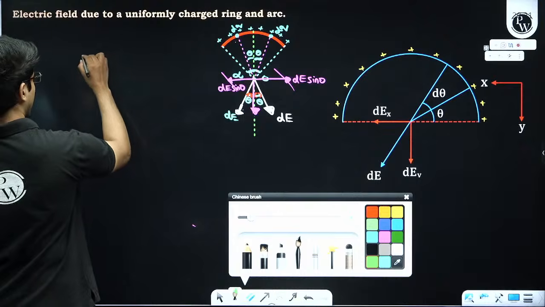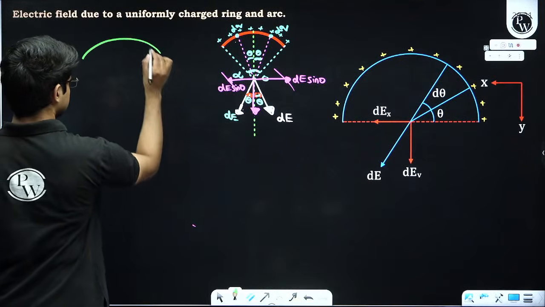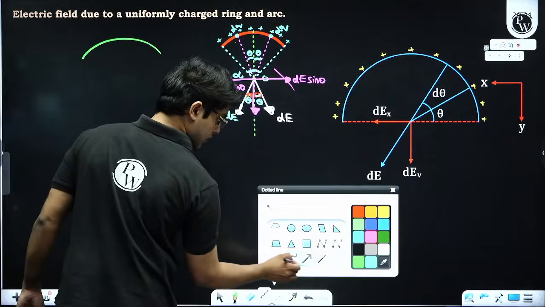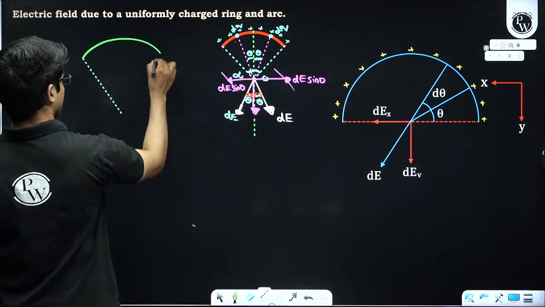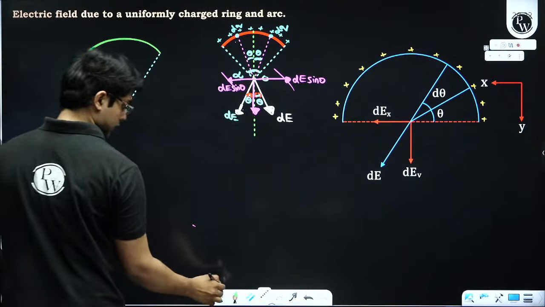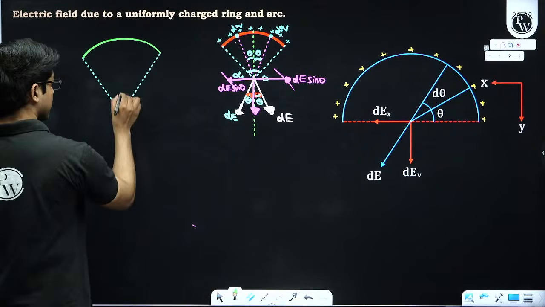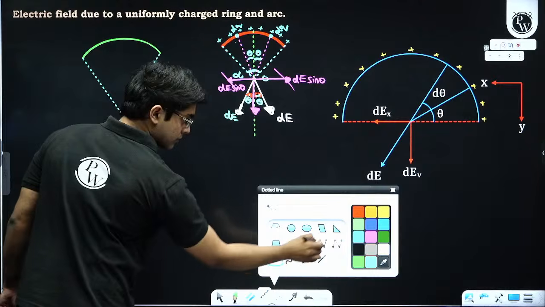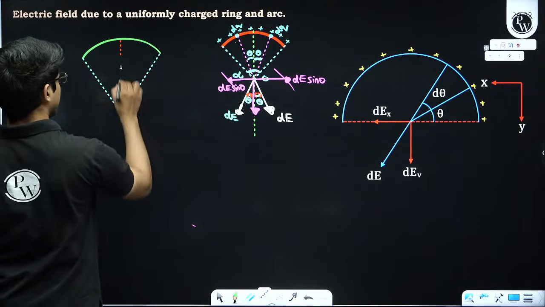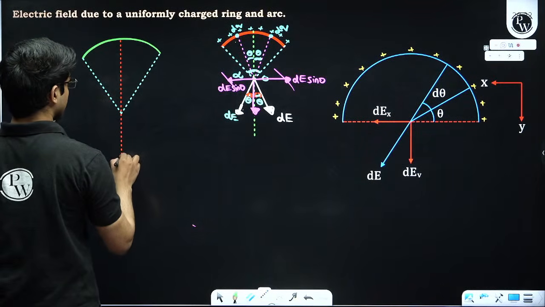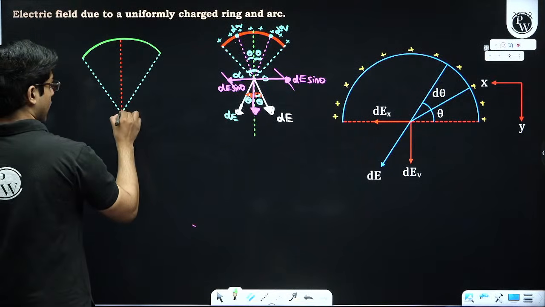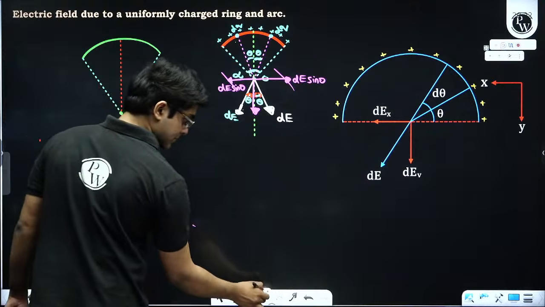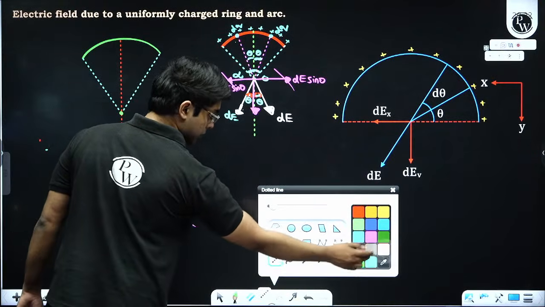So now all I have to do is, if this is the arc, as I have observed that the field will be along the angle bisector, now I'll start the integration process.